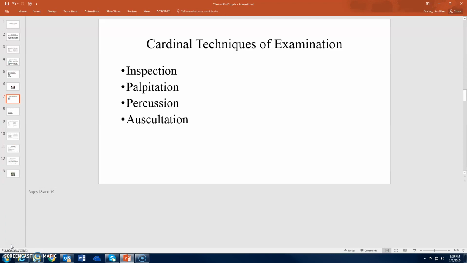And I think you'll really appreciate that part of being an advanced practice nurse or taking this course. I want you to review on page 18 and 19 what the definitions of inspection, palpation, percussion, and auscultation are. I think that you probably know, but it's a very good idea to review these in the lens of an advanced practice nurse.